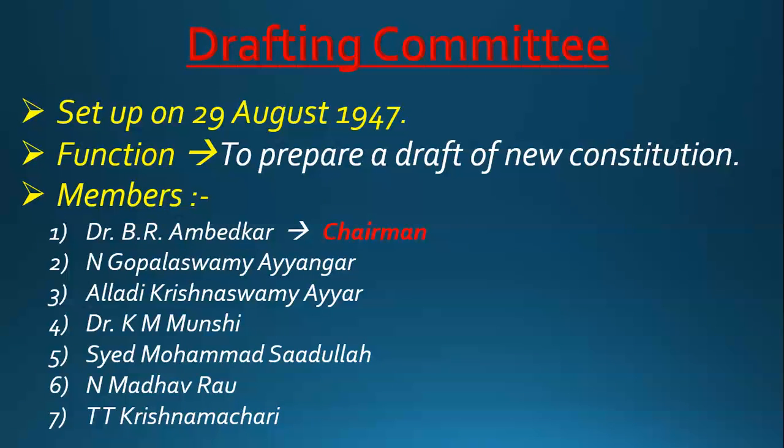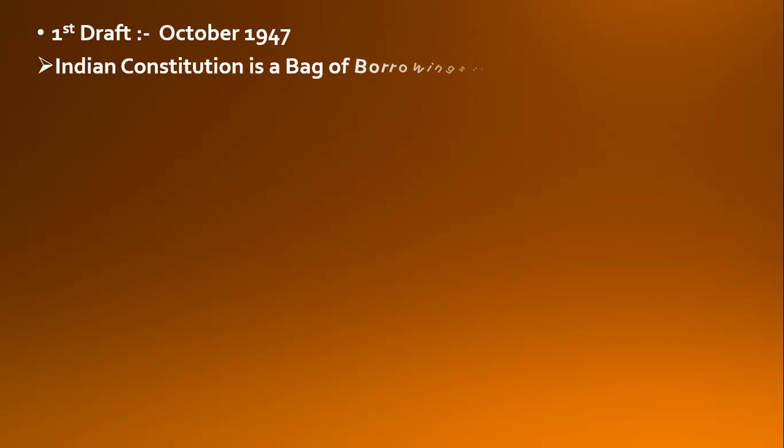I don't remember the exact number, but they studied constitutions of many countries. And what they did, they copied good provisions from these constitutions and pasted these provisions in the draft of the Constitution of India. Then the first draft of the Indian Constitution was ready in October 1947.